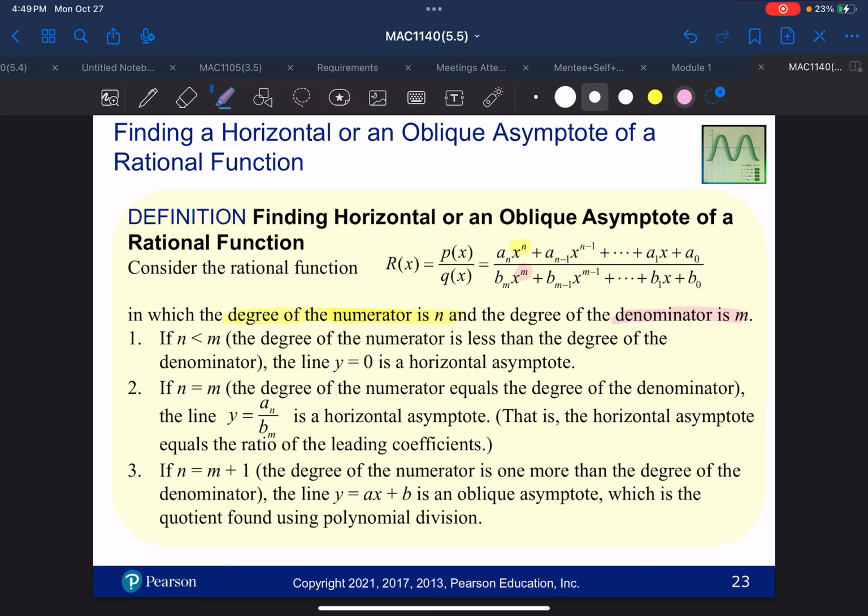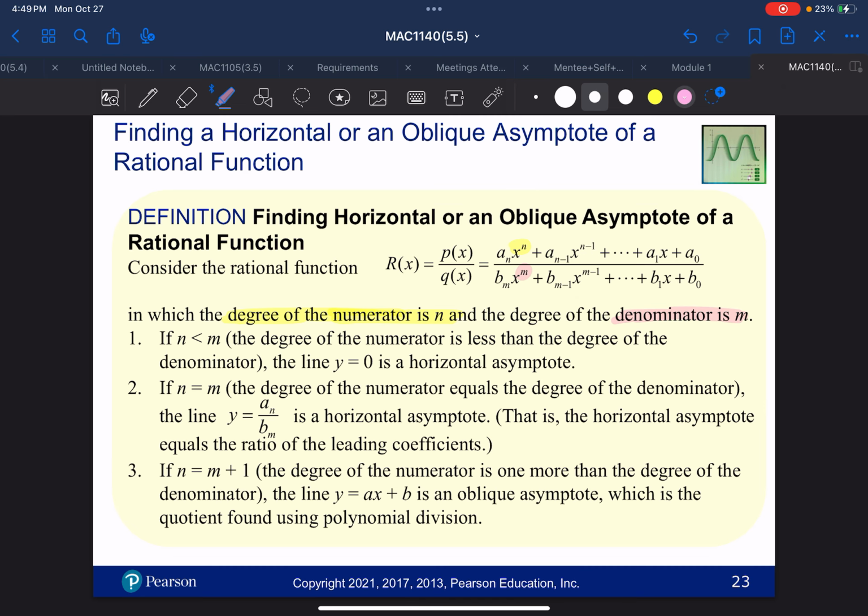So it's the highest exponent in the denominator is equal to m. This is important because we're actually going to use these degrees of the numerator and the denominator to determine the horizontal asymptotes. So there are three cases.